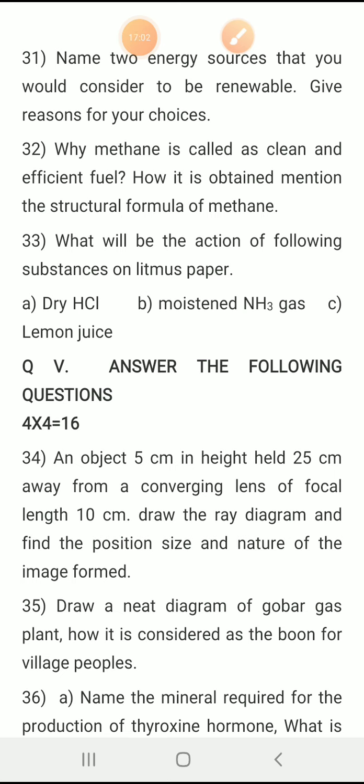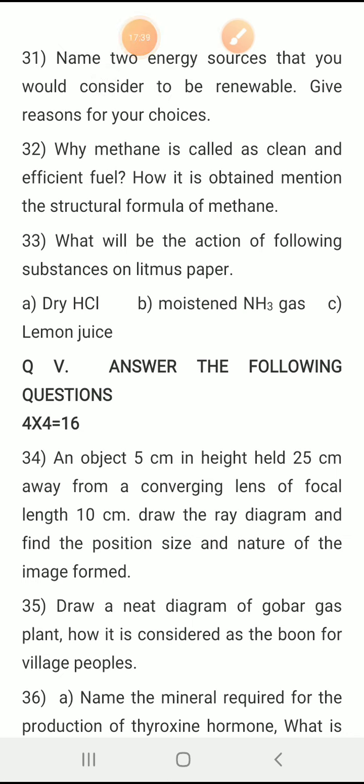You have to write the exact answer there. Dry HCl: you know that the color will not change, right, due to the absence of hydronium ions, right? So dry HCl does not change the color of a litmus paper. So that is the first thing. And the second option is moistened NH3 gas, right? Moistened NH3 gas.